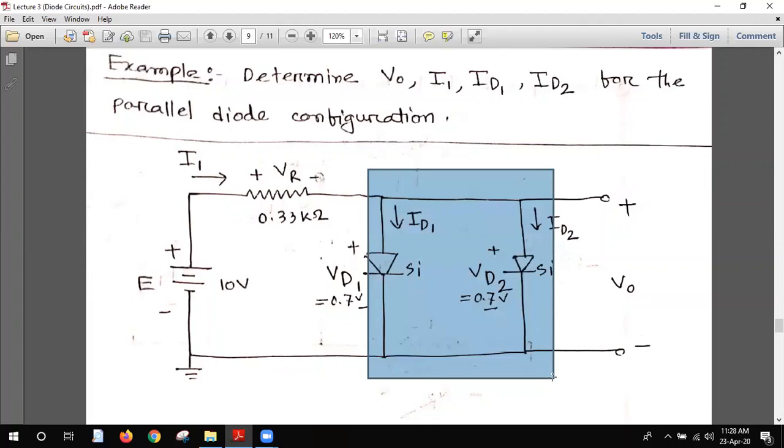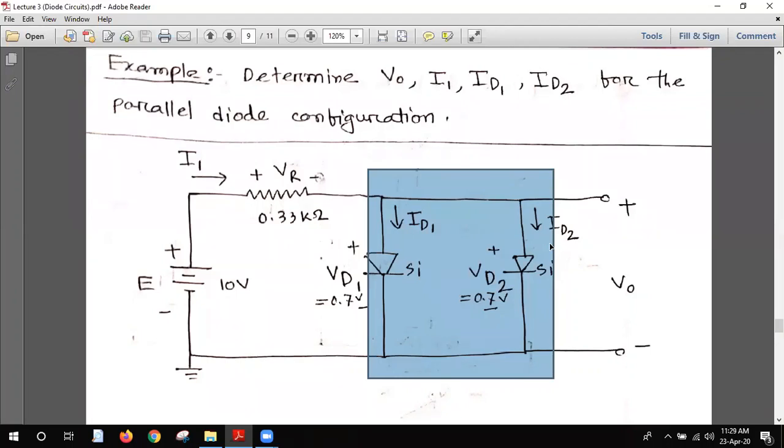Parallel means two branches connected together and the two terminals are the same. You see that for these two diodes, the two terminals are at the same point.